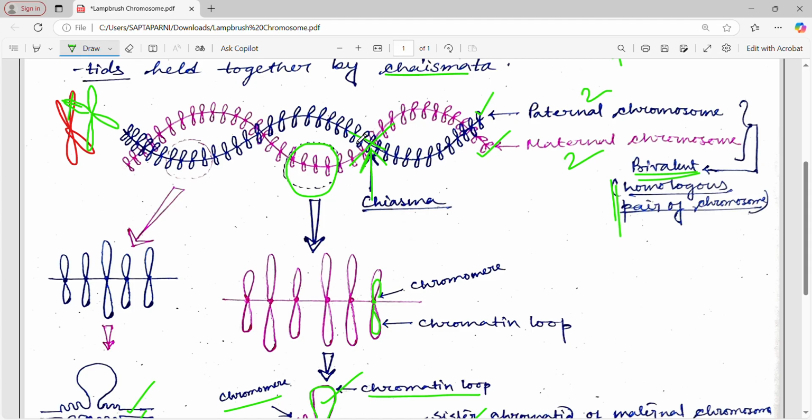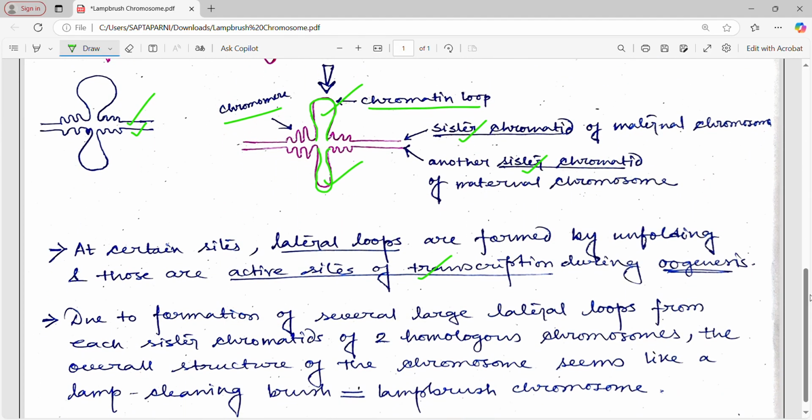This whole process of oogenesis and early embryogenesis requires different types of proteins, and to form those proteins by translation you need respective mRNAs, and for that you need to transcribe your DNA. So there are many lateral loops so that many transcriptions can occur at the same time and many proteins can be delivered during oogenesis, because it is a very active phase in any organism's life.